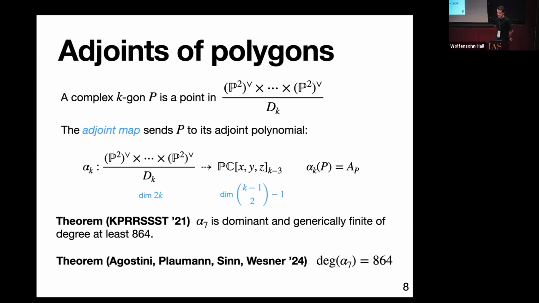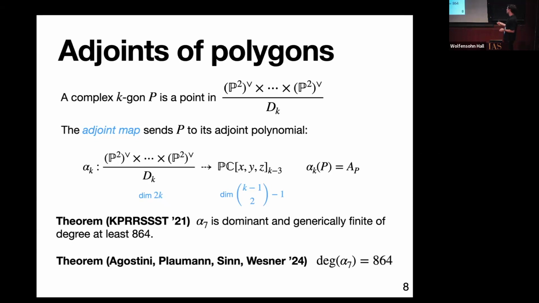And for this, they use intersection theory and something called the Scorza correspondence. So it's not trivial, okay? But it's an interesting paper, and I just wanted to advertise it. Okay, so 864 is the number.